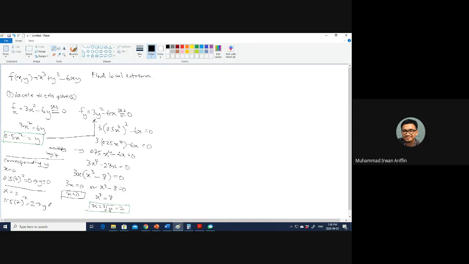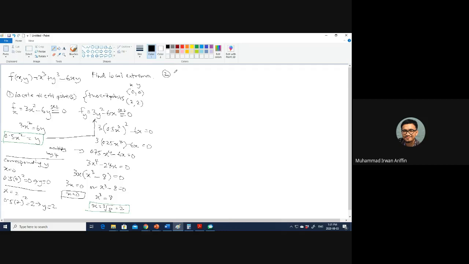So in this case, my y equals 2. So here from the first step, we have two critical points that have been identified, which are, the first one is 0 and 0, right? x, y. And the second one is 2 and 2.